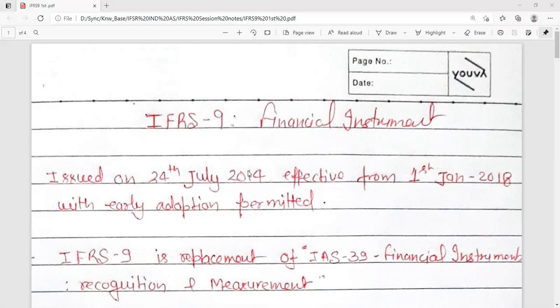There is an option to adopt this standard earlier than the mandatory date. That is, we can also prepare our statements during 2017 or 2016. HSBC adopted it earlier than the mandatory date.